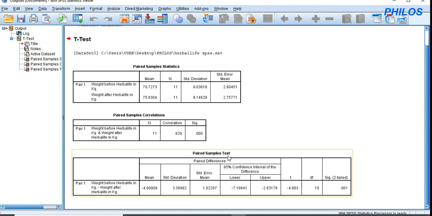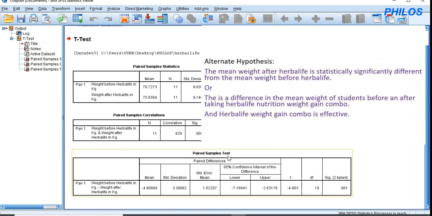And then the alternate hypothesis states that the mean weight after Herbalife is statistically significantly different from the mean weight before Herbalife. So for this one, you are saying that there's a difference in their mean. Okay. And what that also means is that you are trying to say the Herbalife product is effective in helping people gain weight.